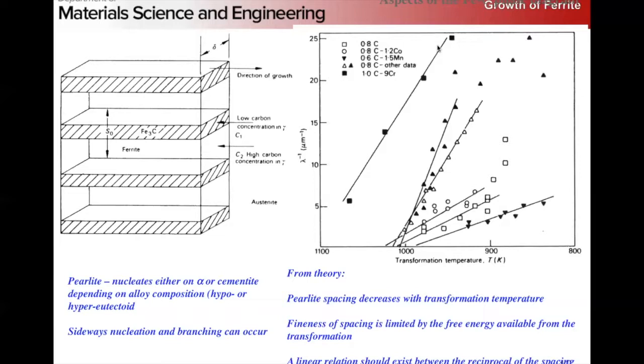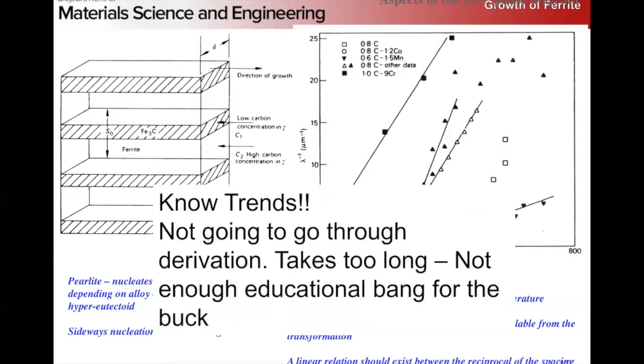Again, at higher temperatures, we have less driving force for growth, so our interface isn't moving as fast, and we're able to diffuse the carbon out. So we have a wider spacing.